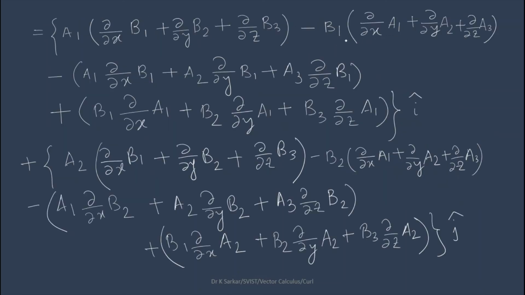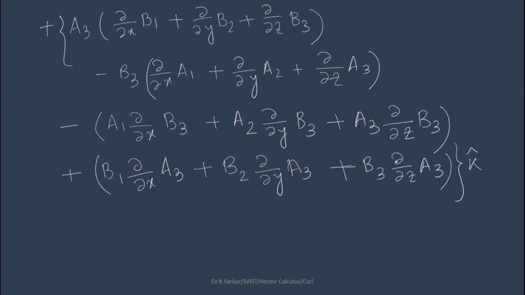Now look at the second term. Minus B1 (∂x A1 + ∂y A2 + ∂z A3). Minus B2 (∂x A1 + ∂y A2 + ∂z A3). Minus B3 (∂x A1 + ∂y A2 + ∂z A3).